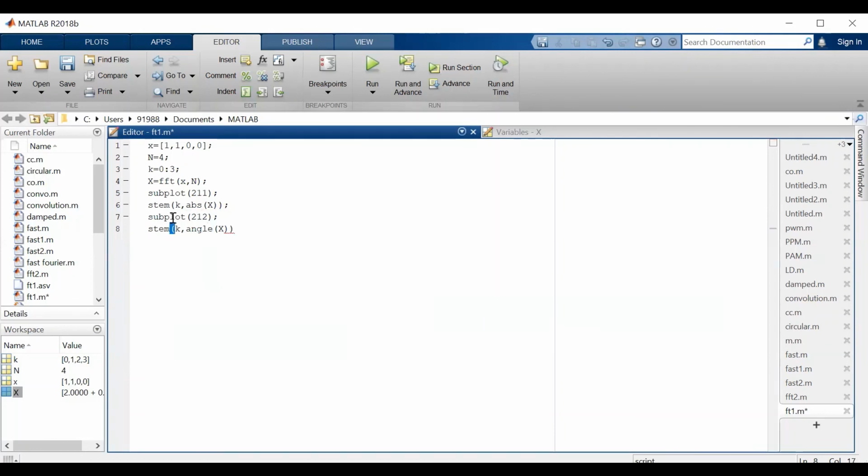Also give labels: ylabel as magnitude, and then ylabel for the phase plot as phase.